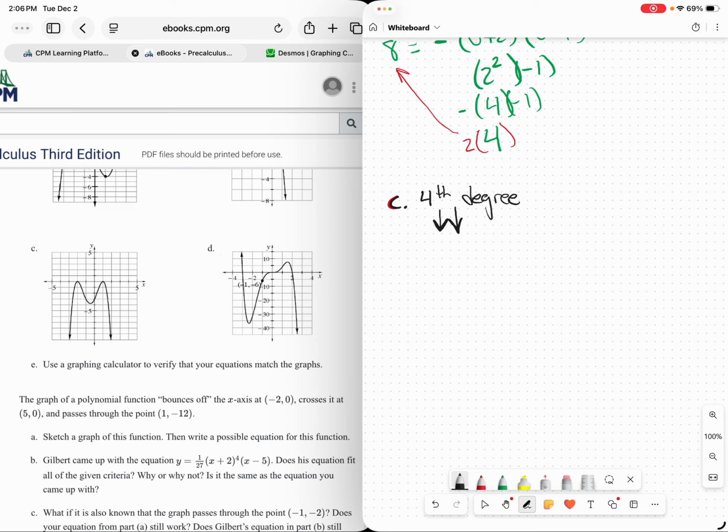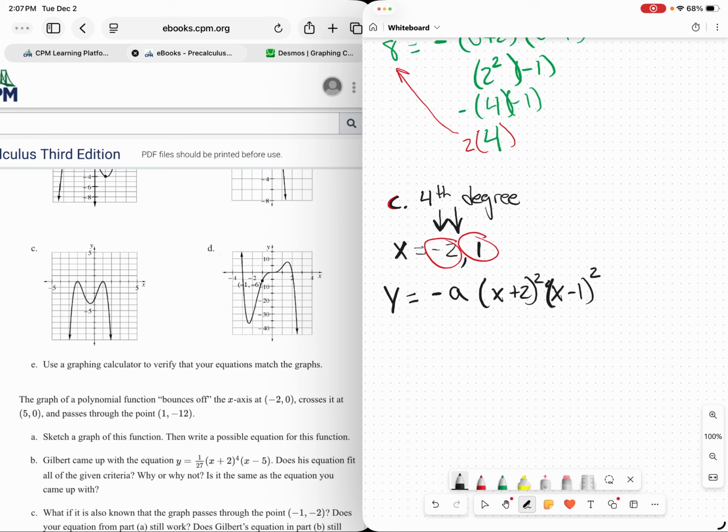So it has to at least be a 4th. Our zeros are at x equals -2 and x equals 1. Both are double roots, okay? So we have y equals negative a, whatever that a value is, times x plus 2 squared, x minus 1 squared.